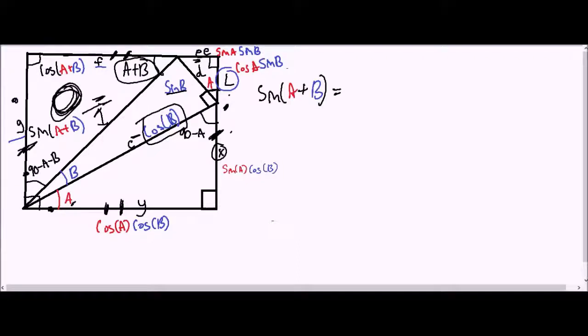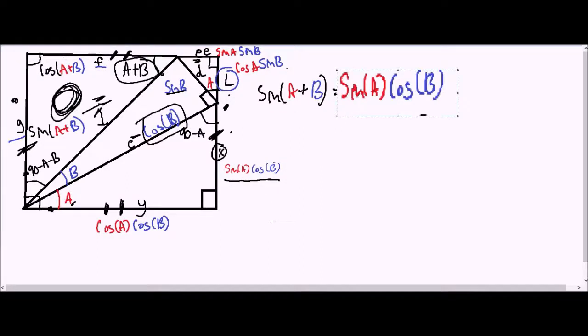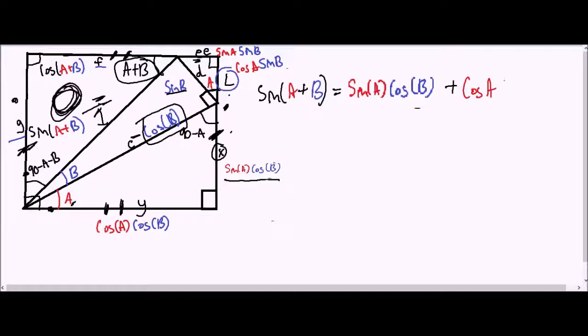We have L and we have X. X is sine A cosine B. But it's not just that. It'll be that plus L, which is cosine of A sine B. And that's our first identity right there. Sine of A plus B is equal to sine A cosine B plus cosine A sine B.